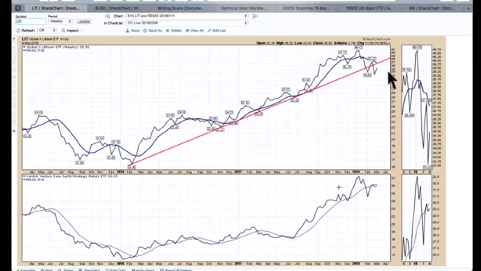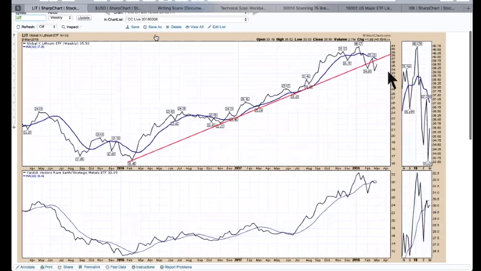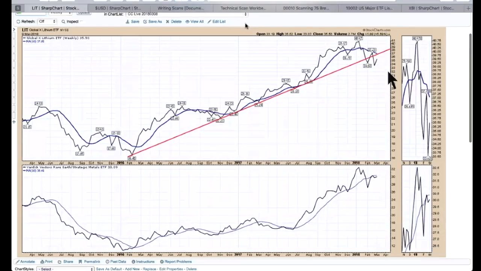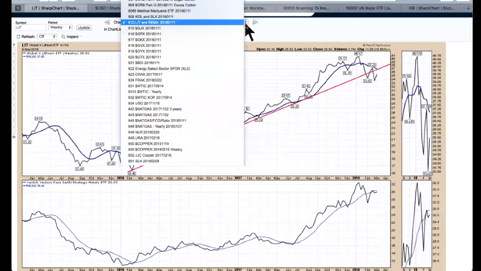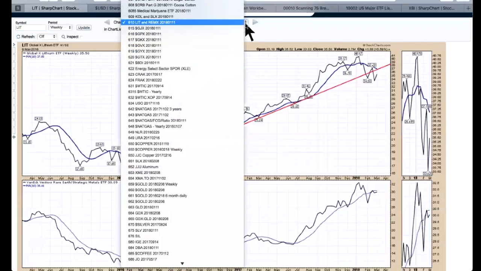And then rare earth metals have done the same thing. They've broken out to the bottom side. So in general, the whole commodity complex is a problem. It's not bearish yet, but it's definitely not as bullish as everything else should be, considering that we're breaking into the last half.